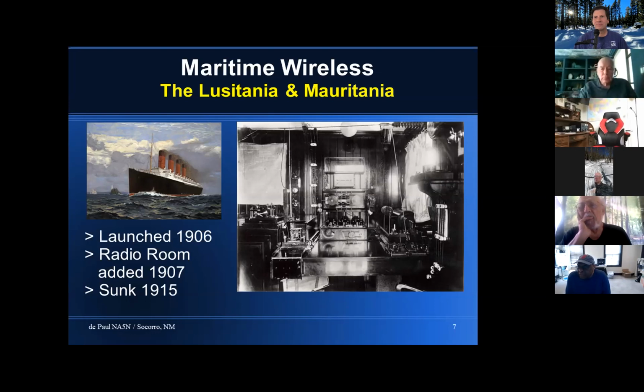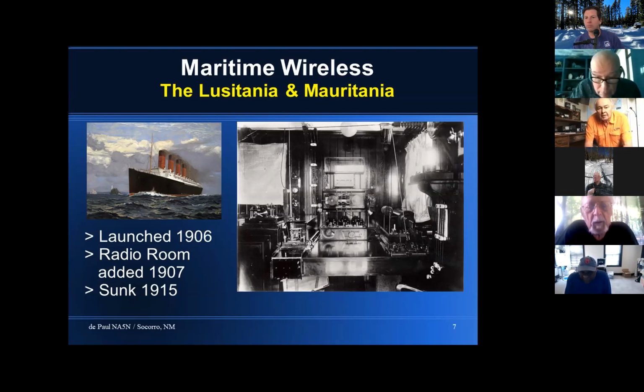Okay, thank you. While we've got this slide up, let's talk about the Lusitania a little bit and how it relates to ham radio and everything else. We're going to talk later about the Telefunken station in the United States. The Lusitania left New York in 1915, shortly after the beginning of the First World War.